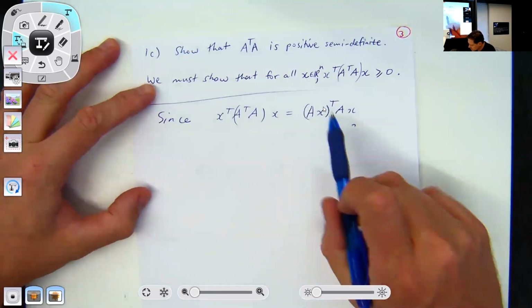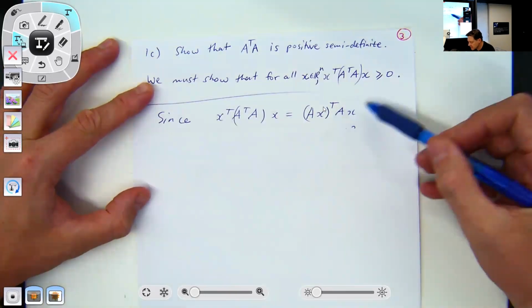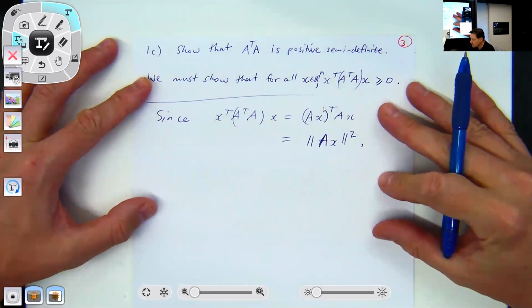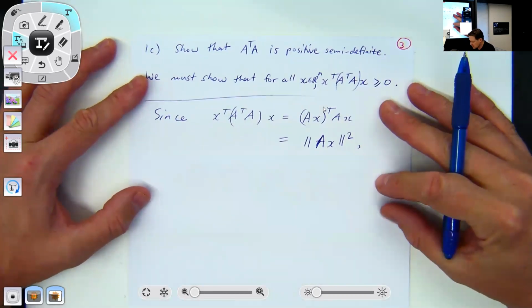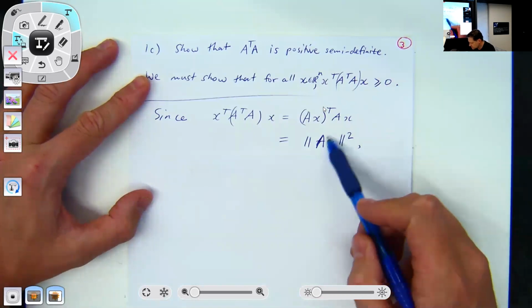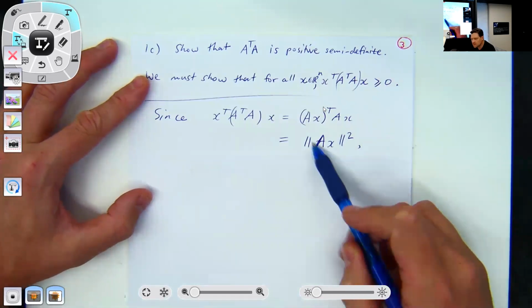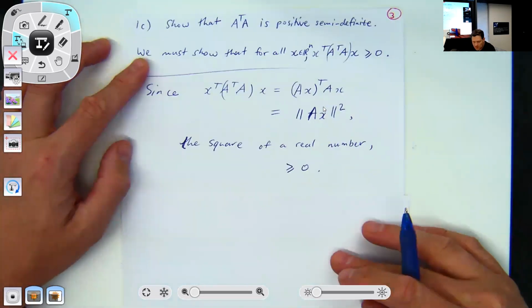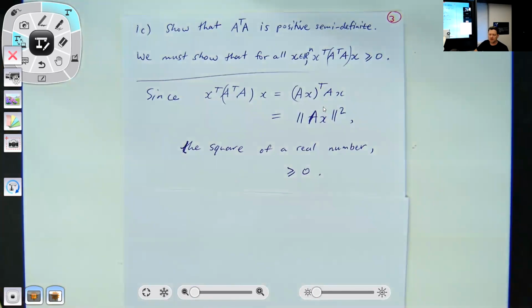So we have AX transpose times AX, and now we just note that that is the square of the norm of AX, right? And so the norm is a number, a real number. So what we have here is the square of a real number, and so we know that that's greater than or equal to 0. Okay, and so that's complete. So that shows that A transpose A is positive semi-definite.